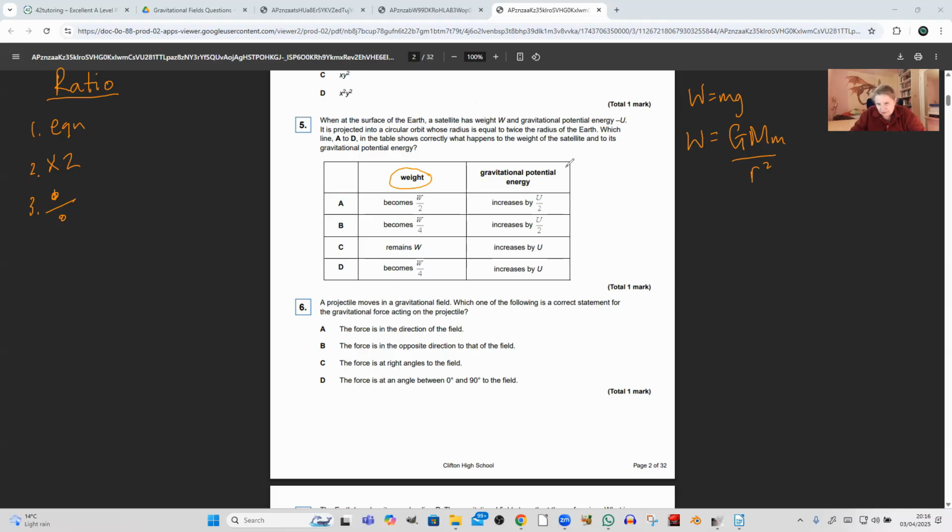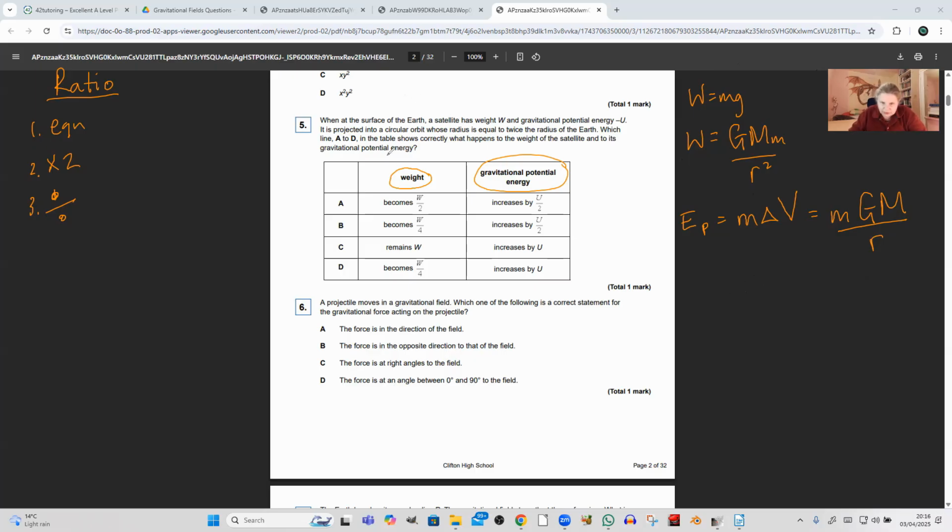Gravitational potential energy, EP, then is the mass times the change in gravitational potential. Remember that V is big G, big M over R. So can you see I've kind of got my equations, I think, maybe.